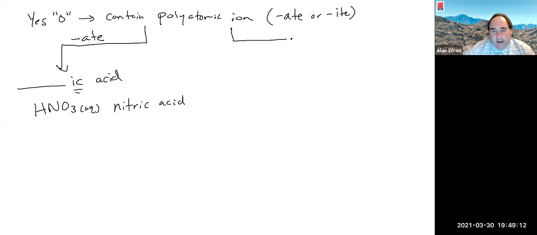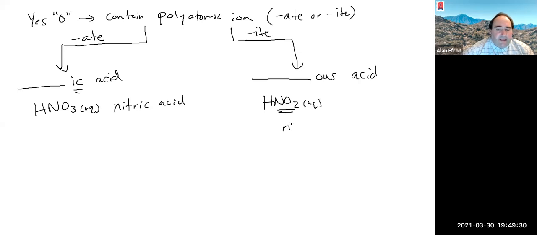If the polyatomic ion ends in ite, ITE, the acid will be something-OUS acid. So if we had something like HNO2, NO2 is nitrite. This becomes nitrous acid. So nitrous acid here versus nitric acid. Any questions on that?